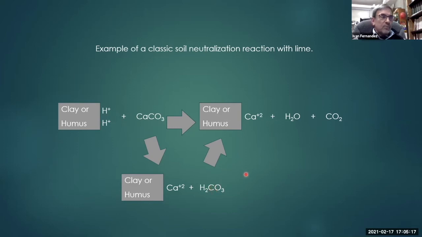It'll decompose, release the hydrogen, and eventually sort of break down to water and CO2. We release the CO2 and we're left behind with this soil particle that now is a much happier place for microbes and roots with a lot of calcium as compared to how it started with a lot of hydrogen and therefore very acidic. So that's kind of a cartoon of the classic liming function.